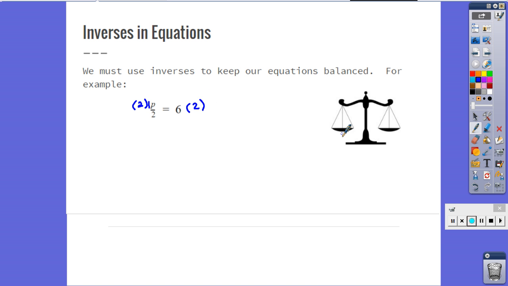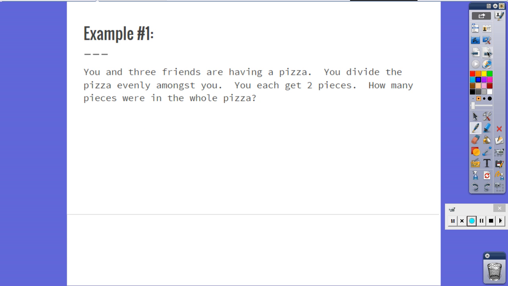Okay, I multiplied this side times 2, so I need to multiply this side times 2. And I've done that. And now what I notice is 2 times this 1/2, they're going to cancel. And so all that's left on the left side is p, and then I get 12 as my answer. And so that's how we're going to be using inverses here to multiply.